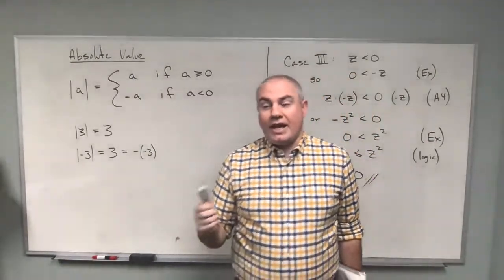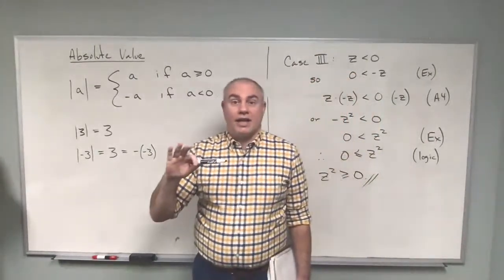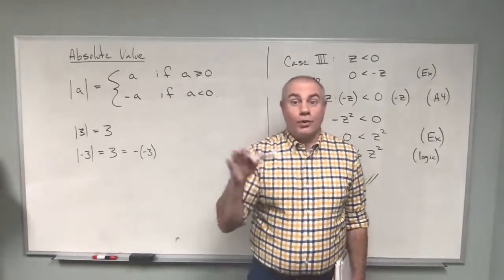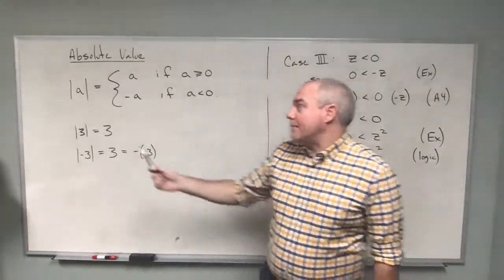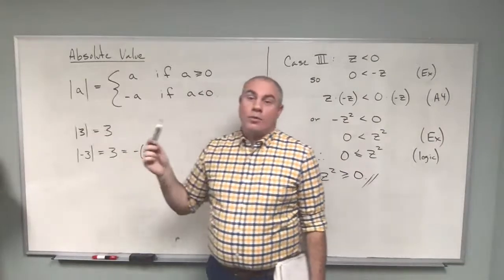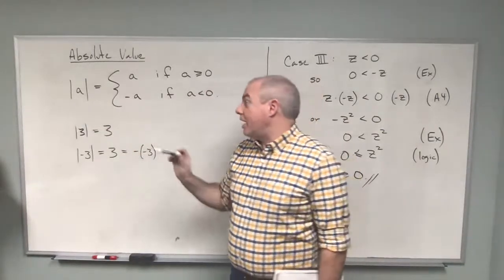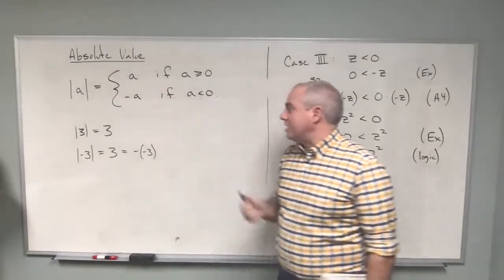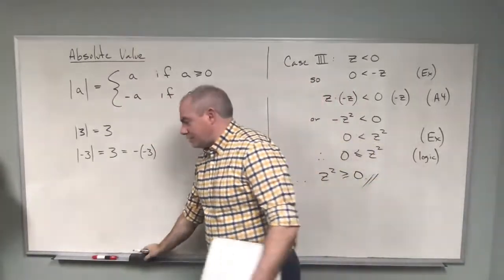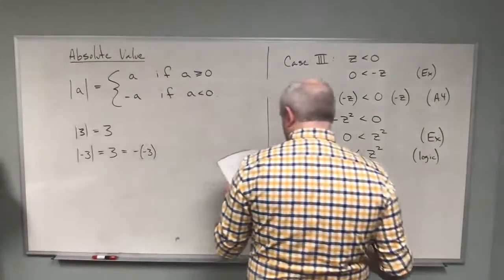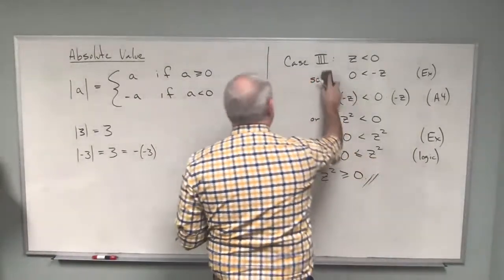Okay, and as you get into higher level math classes, that's even more the way you should be thinking, is what I mean by the absolute value of A is what's the distance A lies from the origin. Okay, but for now, this is a perfectly good definition, and we're about to use it.